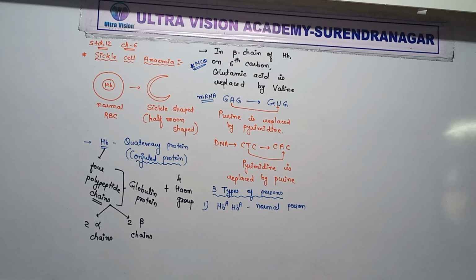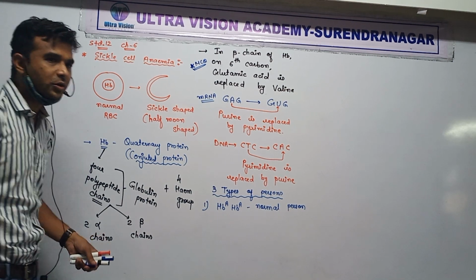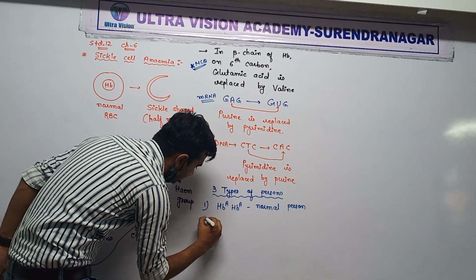HbA, A for adult. Adult hemoglobin is normal. So if the person consists of both the genes HbA, HbA, it is normal gene. Fine, normal person.